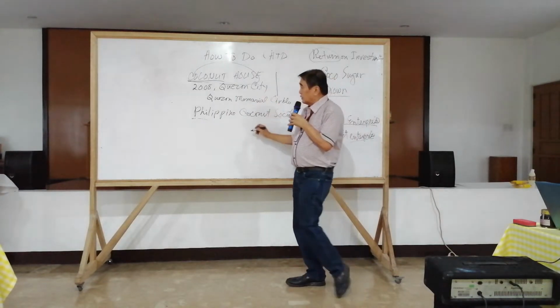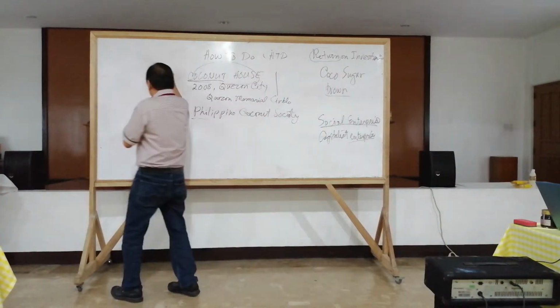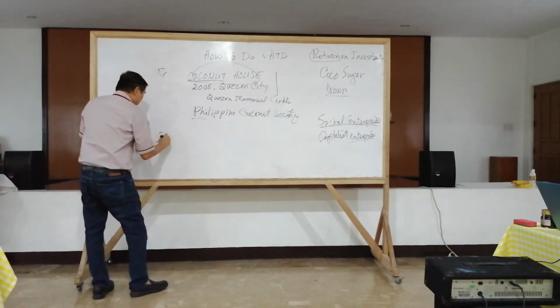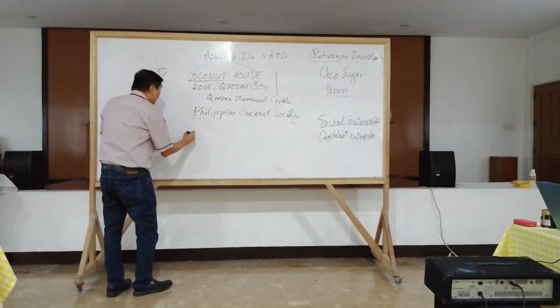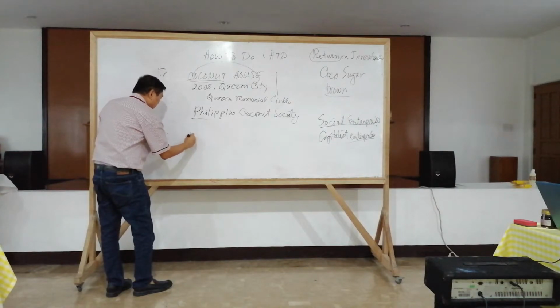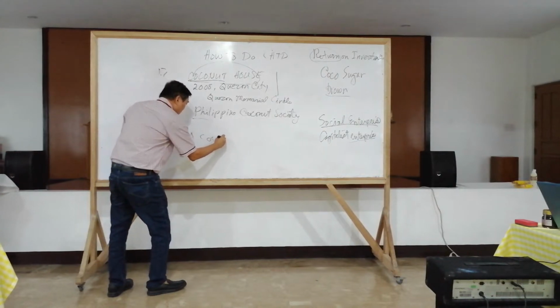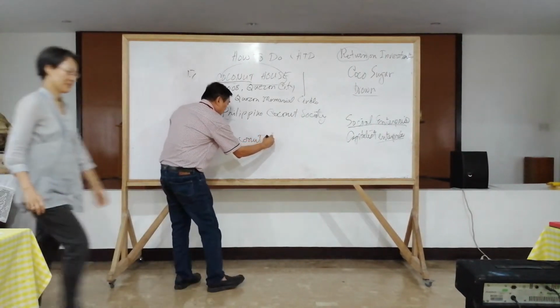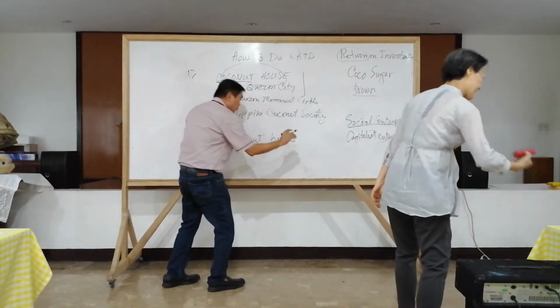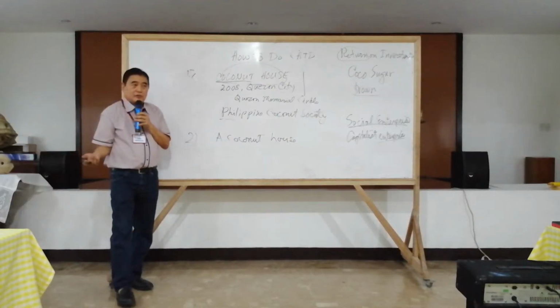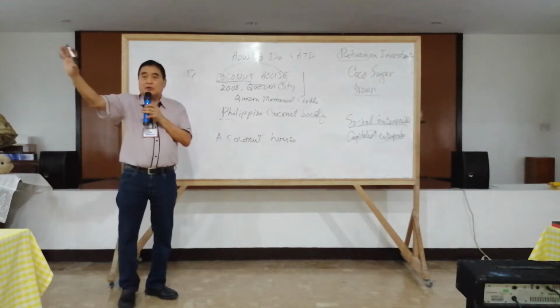So, we go now to the second part. A coconut house. So we can have a coconut house of Ernie's coconut house.